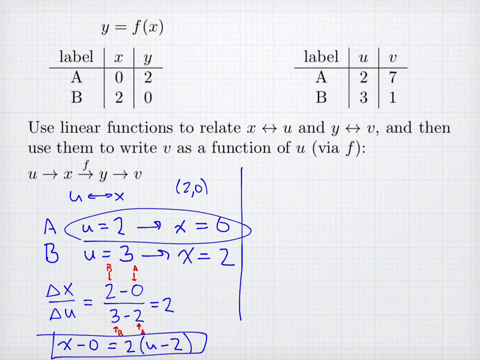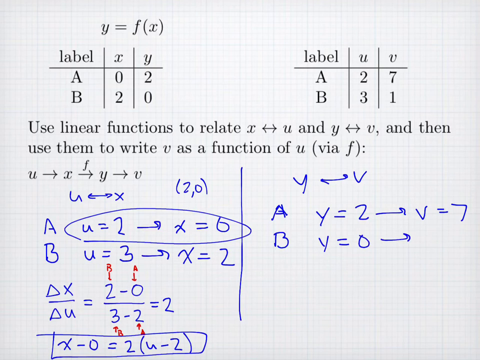Now I do the same thing for v, except this time notice I want to have y as my first variable, v is my dependent variable. So y and v, my point A, y equals 2 needs to become v equals 7, and my point B, y equals 0, gets transformed to v equals 1.